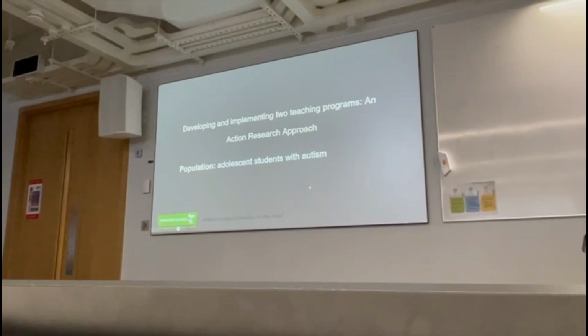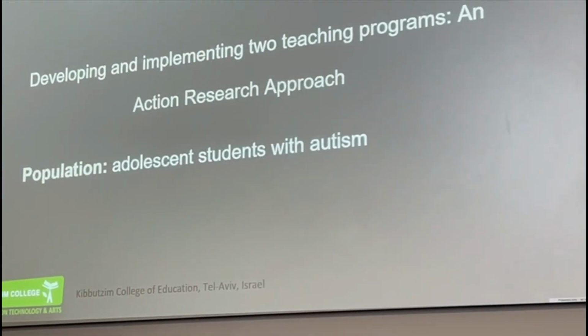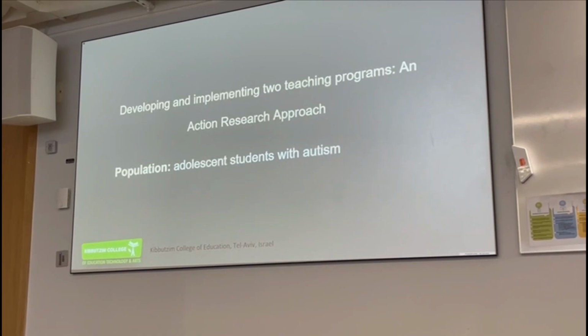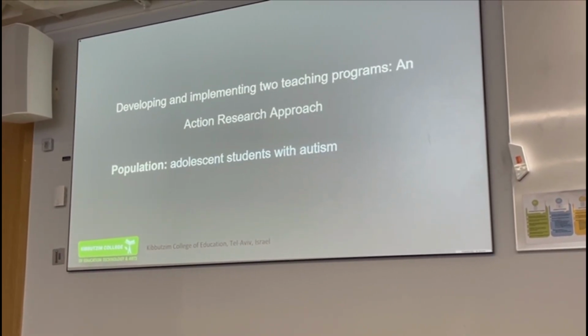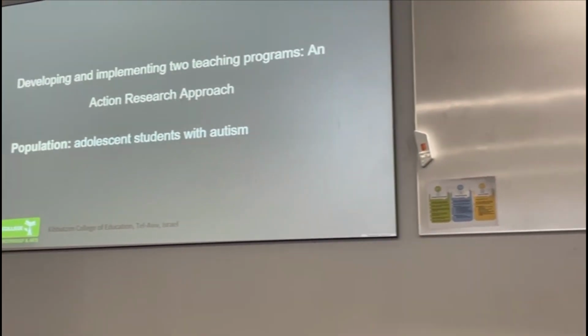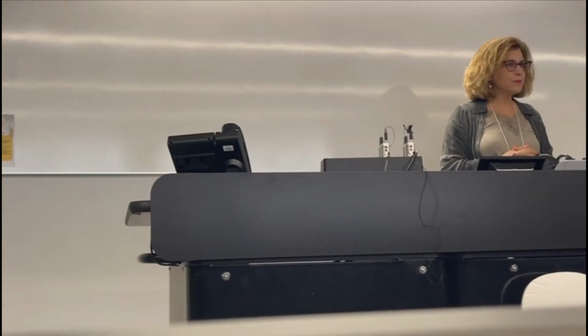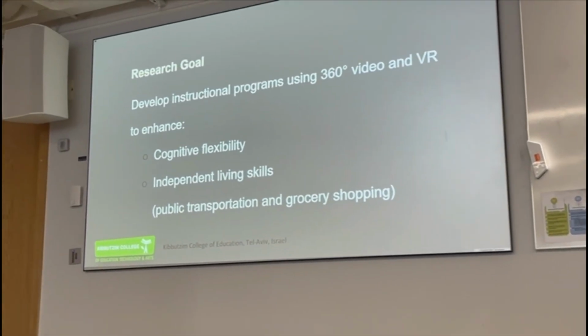So we planned, it's two of my students, each one of them developing and implementing 2 teaching programs and using action research for that. The population is adolescent students with autism. To develop an instructional program using 360-degree video and VR to enhance cognitive flexibility and independent living life.